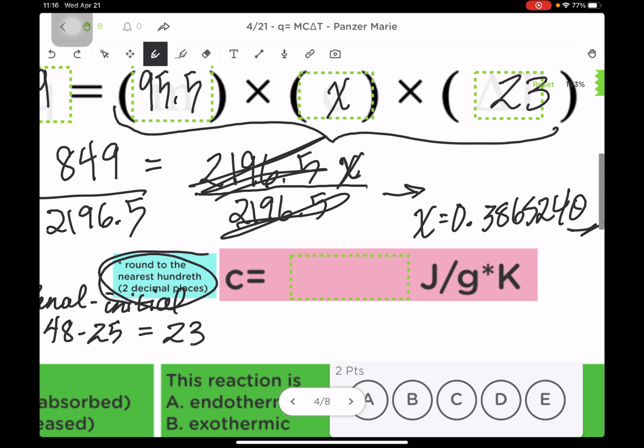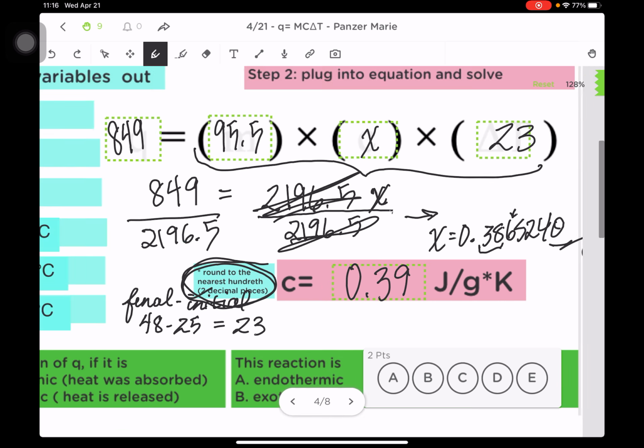Round to the nearest 100th place. That means 2 decimal places. This is a 6, so this is going to get rounded up to 0.39. Okay, speaking of 9, I see your guys' hands up. I will get to that in just a second, I promise.